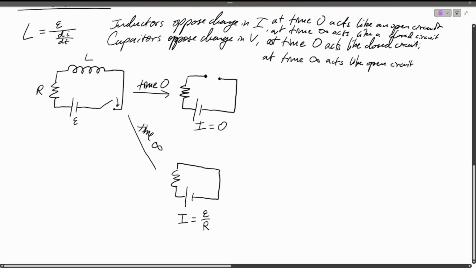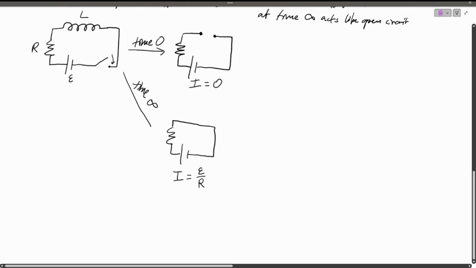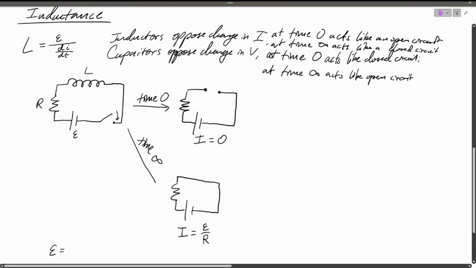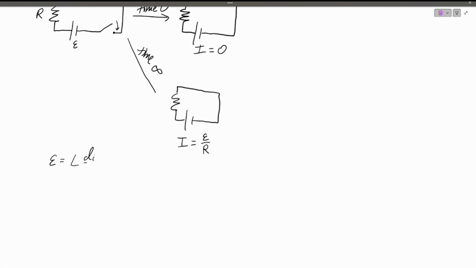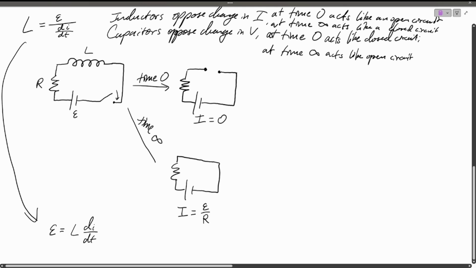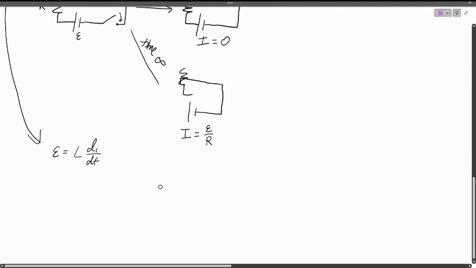And then as for what happens in between, we can use the definition. Epsilon is equal to, let's see, should be L di dt, if you just rearrange this equation here. Did I do that right? Yes. Okay, cool. So then we combine that with the other equation.